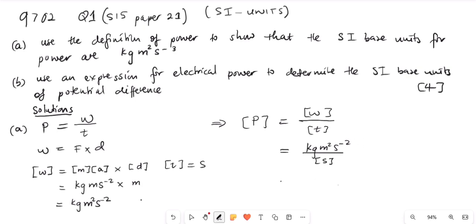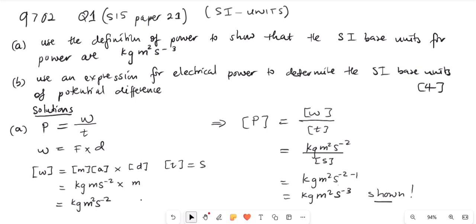Combining those two, we have kg meter squared s to the power minus 2 minus 1, and this will give us kg meter squared per second cubed. Shown, since the question said show, this is how you get it.